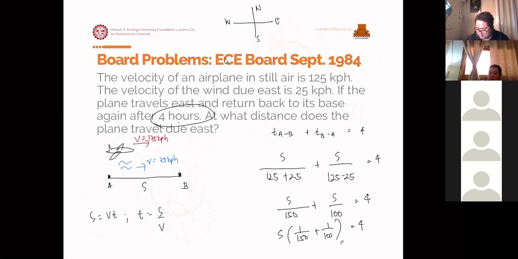So, S is equals to 4 times 60 or 240 kilometers. Okay? So, ito na yung final answer natin. So, ito yung distance para kailangan i-travel dun sa ano natin. Okay?